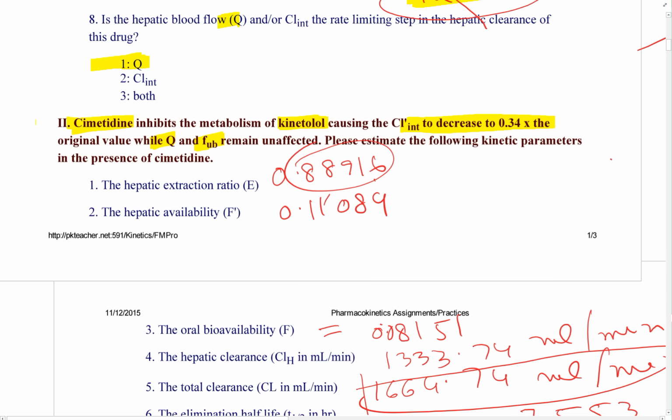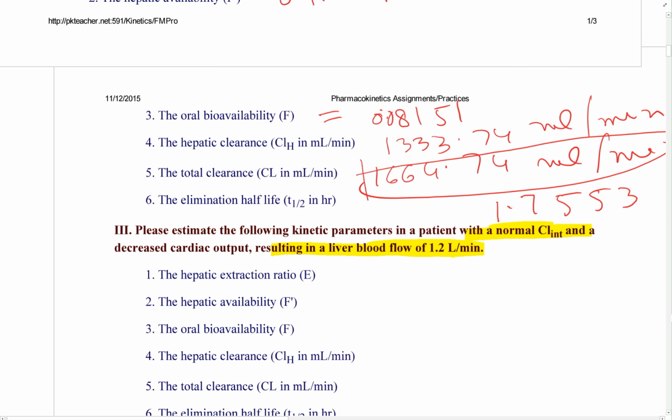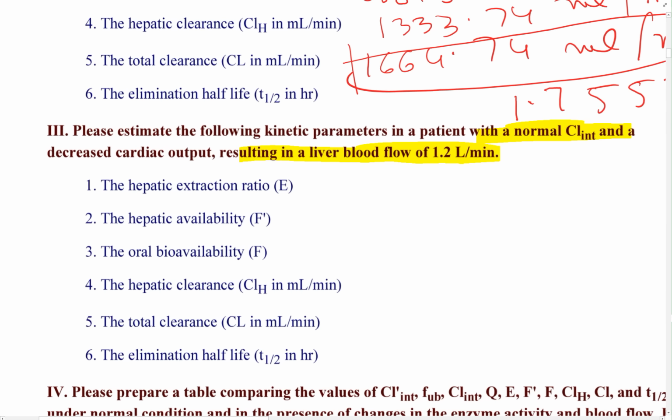Cimetidine decreases it, so what changes does it cause to the hepatic clearance because of the presence of this second drug? We have to do this calculation in the presence of an interacting drug. Now everything is normal except that the patient has a bad liver. So what changes and calculations do we have to do?